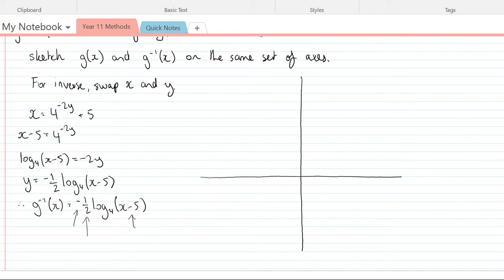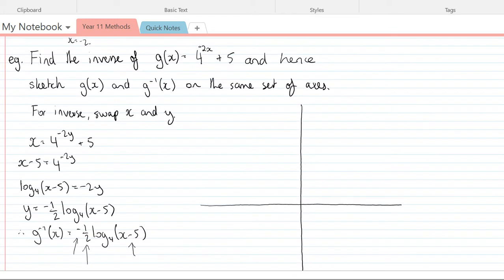Okay. So, the first equation, 4 to the negative 2x plus 5, well, there's the 5 there. So dealing with the exponential graph to begin with, also label the y-axis.